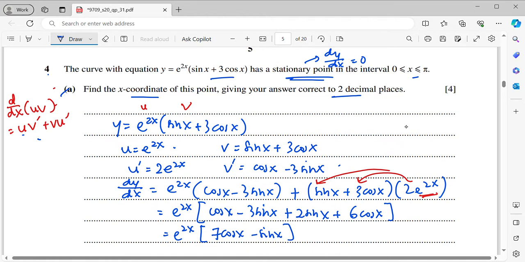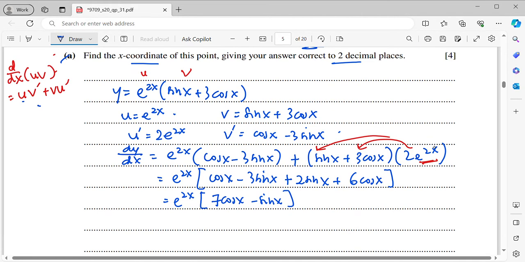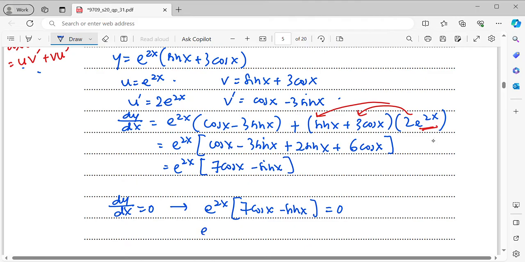Okay, now since stationary points means dy/dx equals 0, now I need to let dy/dx be 0 to get the x, correct to 2 decimal places. Which means now e^(2x) times (7 cos x minus sin x) equals 0. And we know that the exponential function cannot be 0.